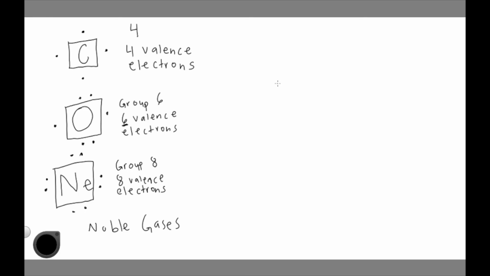So sulfur, we know that it has the symbol S, and if we draw our imaginary box around it, and we fill up our box with electrons. Since we know that sulfur also resides in group 6, it will have 6 valence electrons.